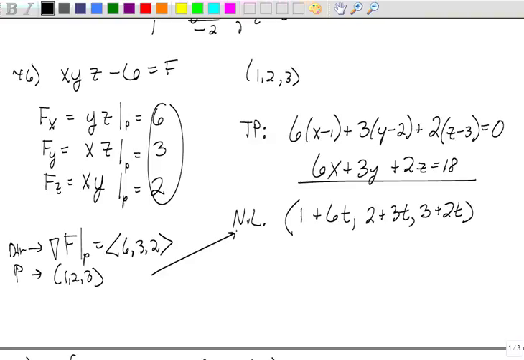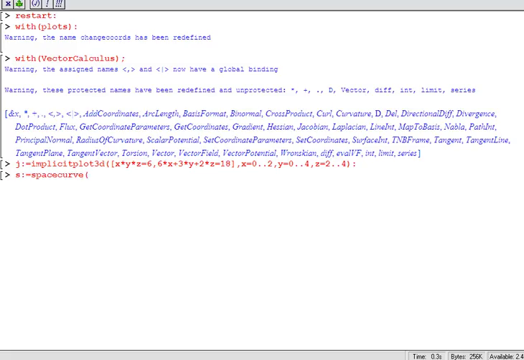So in Maple, I'm going to plot that as a space curve. Don't forget your times.